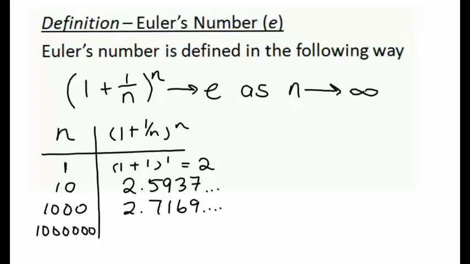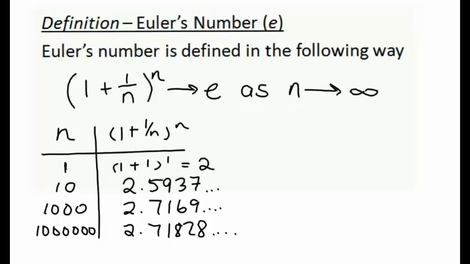If we were to substitute that into our expression, we would get roughly 2.71828. So you can see that as the values of n are getting larger and larger, the right-hand side is tending towards roughly 2.71. And that is about what Euler's number is.